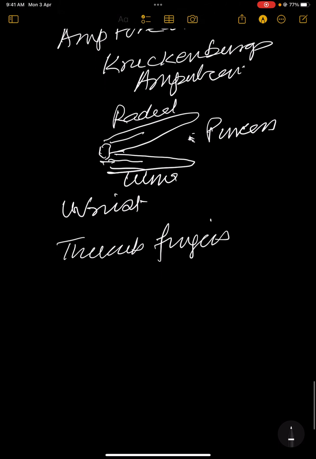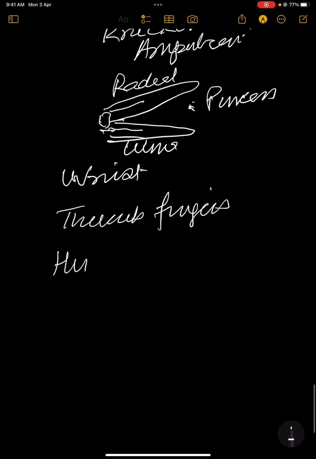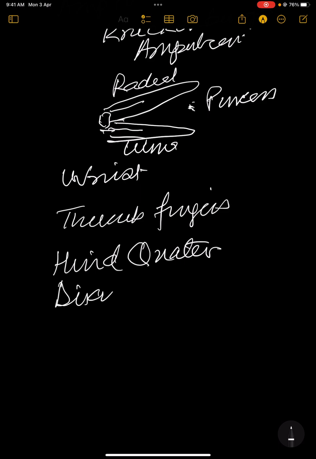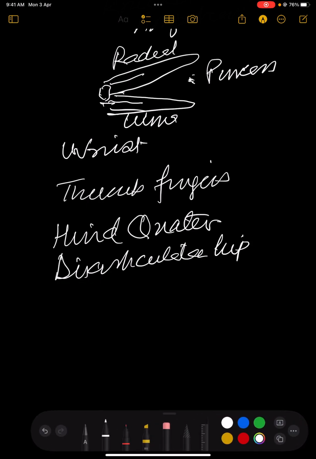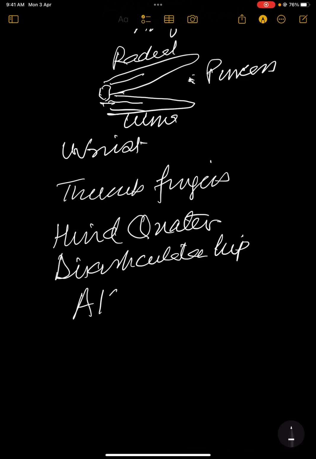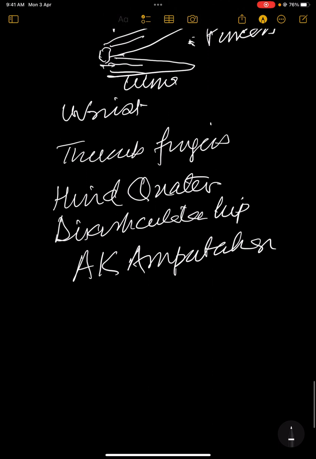Then there is the hindquarter amputation, disarticulation of the hip, above knee amputation, disarticulation of the knee.